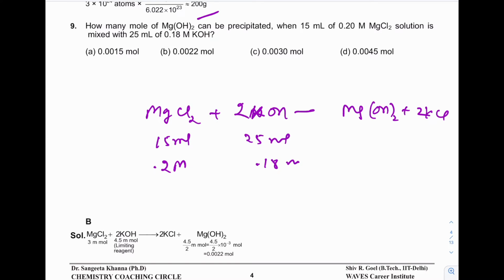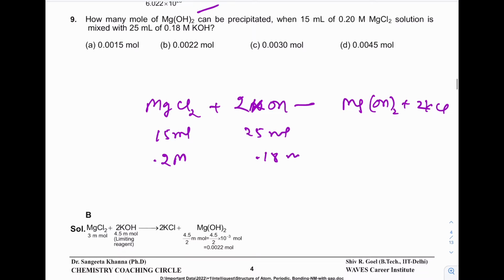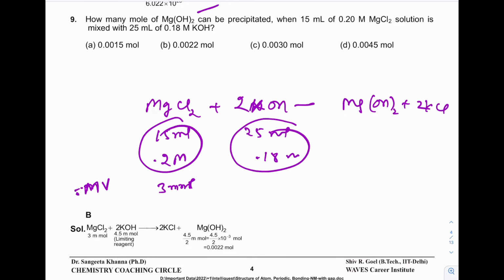So first we can find millimoles, M into V. M into V is 3 millimoles and M into V is 4.5 millimoles.